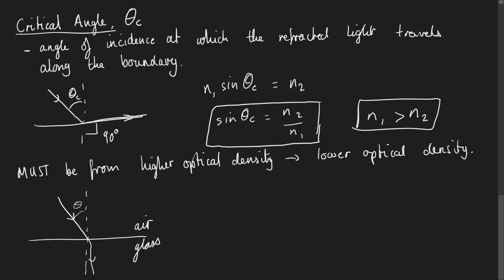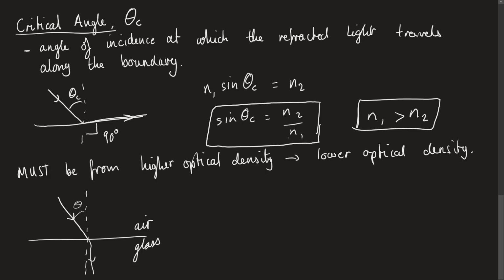I think it's a math error, and that's because sine can't be bigger than 1. So the inverse sine of something can't be bigger than 1, which means n1 has to be bigger than n2, so this only happens when we're going from a higher optical density to a lower optical density.